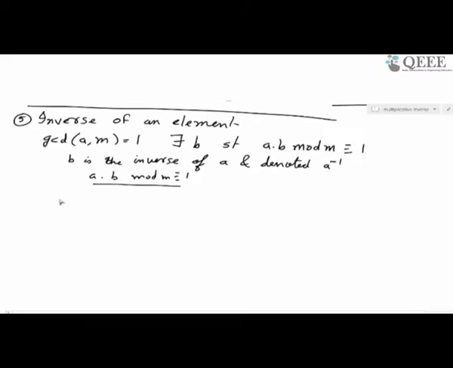If we apply the modular arithmetic rules that we have seen earlier today and also in the last class, we can say that m divides a into b minus 1, and also we can say that mk plus 1 would be equal to a into b.